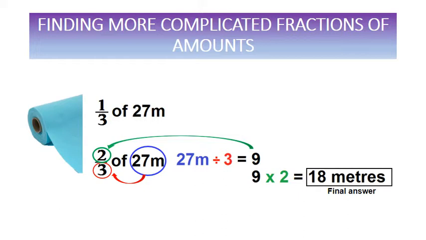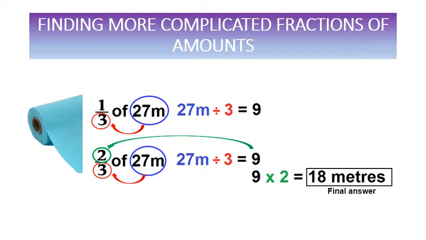Now you might be wondering why this method is different to the previous one we've used. Actually, it's not. It's just that I didn't show the second step with the previous ones that we did. I'm going to though now. So if we go back to our 1/3 of 27 metres, we took the 27, we divided it by the denominator, and that gave us an answer of 9.